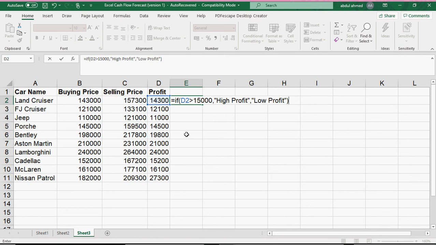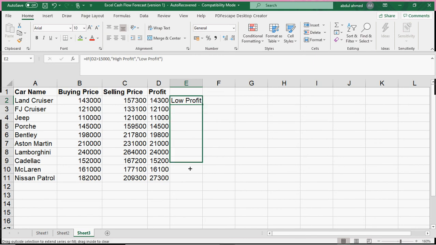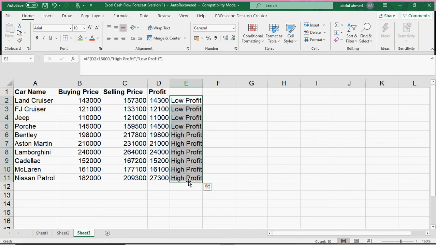Now I press enter. And you can see it comes up with low profit because it's less than 15. And then all I do is drag this down and you can see the difference. There's high profit, there's low profit, and so on. So I will pick one, let's say this one here.